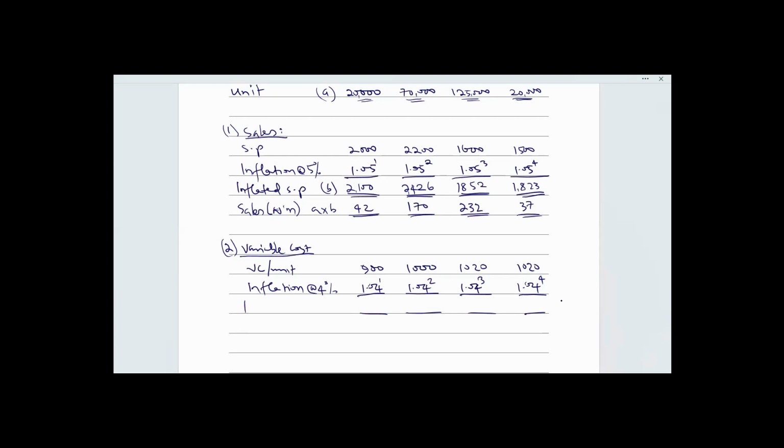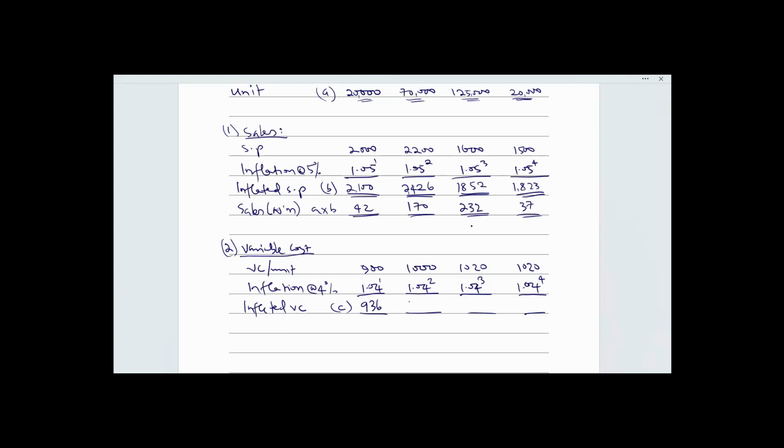What's the inflated variable cost? 1.04 raised to power 1 multiplied by 900. 936. Somebody should do year 4, another person year 3, then year 2, so that we can move faster.